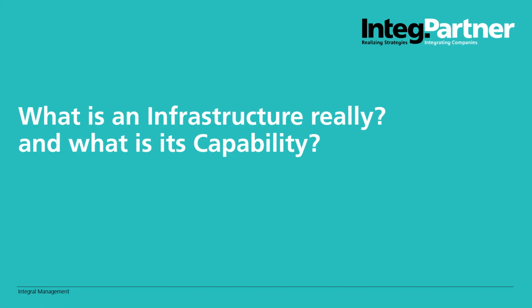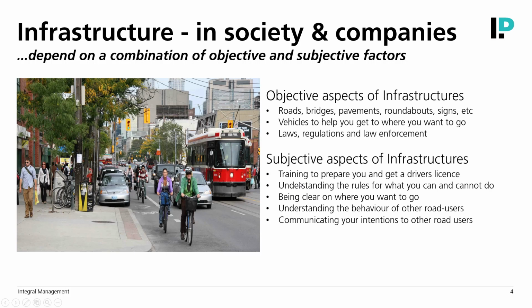So what is an infrastructure really, and what is its capability? What do we mean by capability of an infrastructure? Well, you can compare an infrastructure in a company with an infrastructure that we are more used to in society. If you look at this picture on the left side, this is an example of an infrastructure.